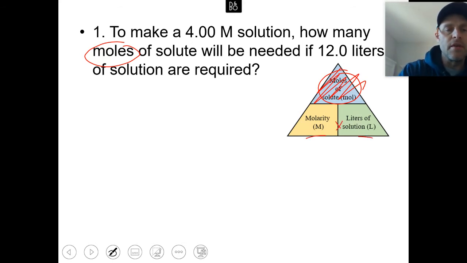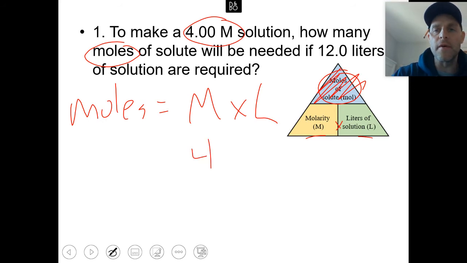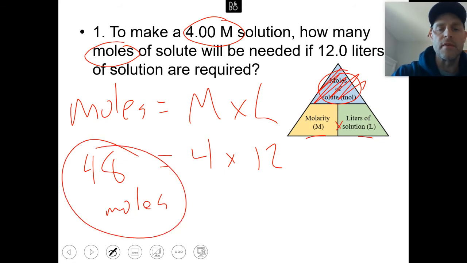So the equation I'm going to use is moles equals molarity times liters. Now I just plug in what I have. I have a 4 molar, that's 4. Liters is 12. 4 times 12 is what? 48 moles. And I'm done.